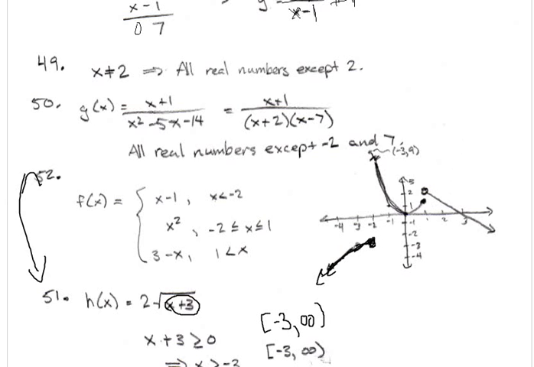For x greater than 1, we plot the function 3 minus x. Nice linear function, we know how to do that. But again, we only plot it for x greater than 1. Okay, and that's number 52. Why don't we start off at number 53 in a new video.